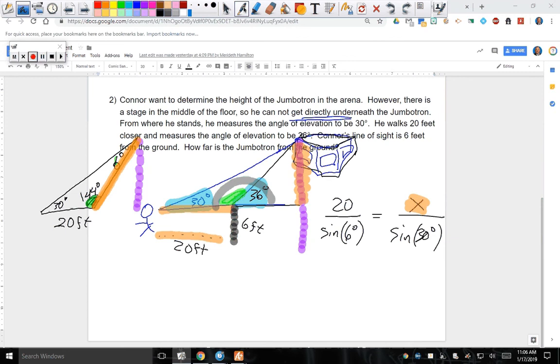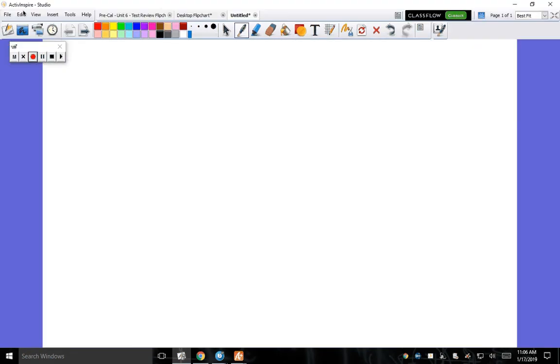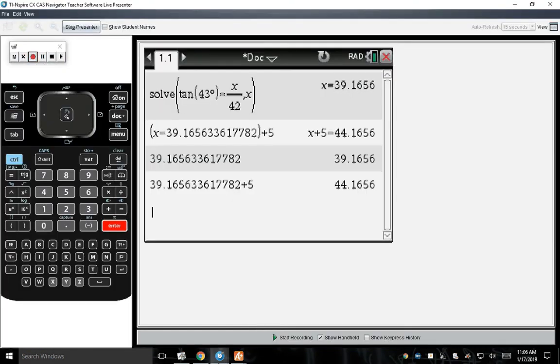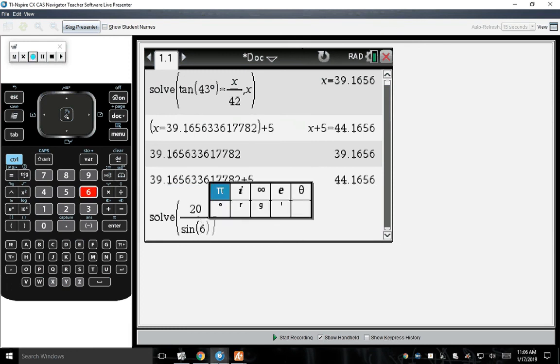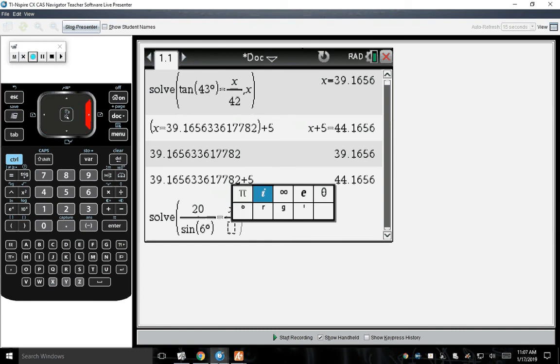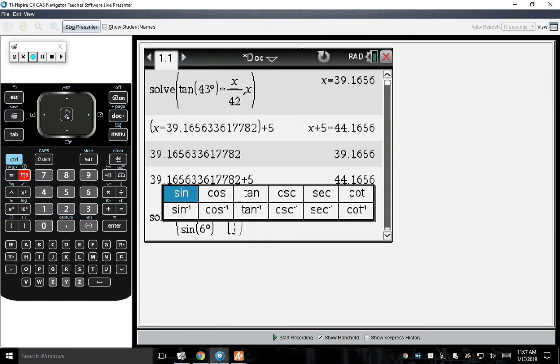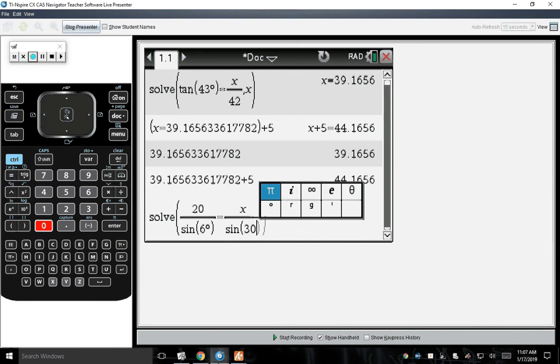Let's go to the calculator real quick. I'm going to ask for your help because you wrote that down on your paper. Menu 3-1. What did y'all do again? 20 over sine of 6. I am in radian mode, so I'm going to make sure I put degree. If you have it in degree mode, you don't have to keep pressing degree. And it's X over, what was it? Sine of 30. So sine of 30, I gotta put degrees again.